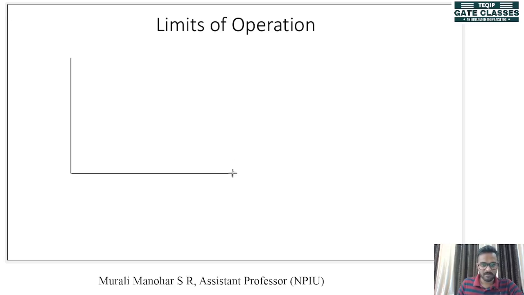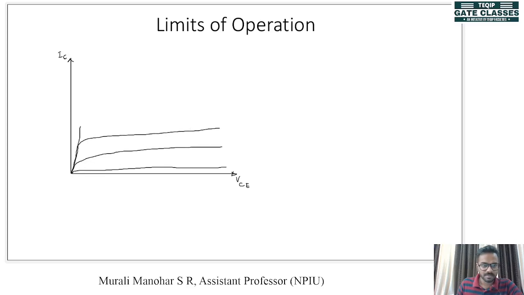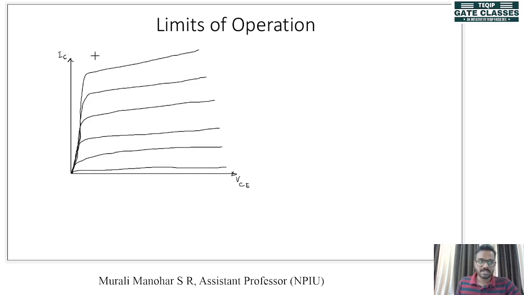So here we have VCE, the collector to emitter voltage, and IC, which is the collector current. So this is the output current and output voltage. We have seen this characteristic. So this is how the characteristic looks.